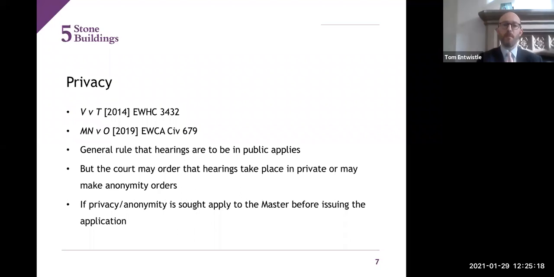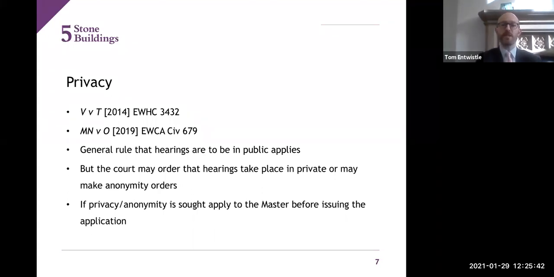And this perhaps more restrictive approach was endorsed by the Court of Appeal in the second case, MN against O, in which the parties argued that the default position on VTA applications should be for them to be held in private, by analogy with approval hearings on behalf of children.